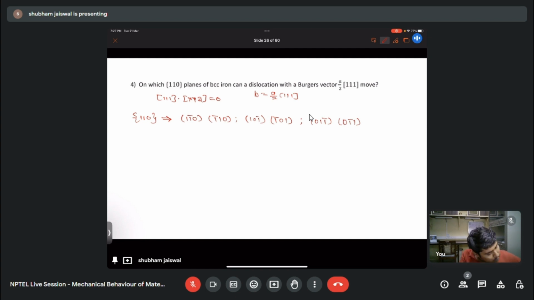So these two planes are nothing but similar, that is (1 1bar 0) and (1bar 1 0). These two are also the same, that is (1 0 1bar), and this is (0 1 1bar). Now put all these planes in the place of xyz and please find out on which {110} plane BCC iron can a dislocation with this Burgers vector move.